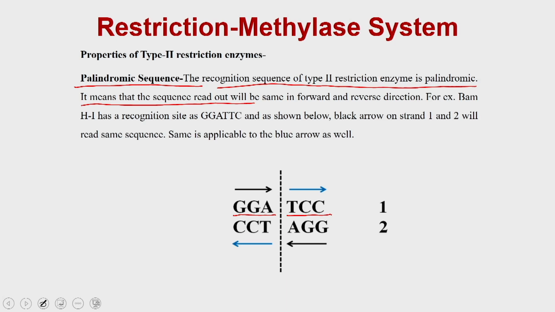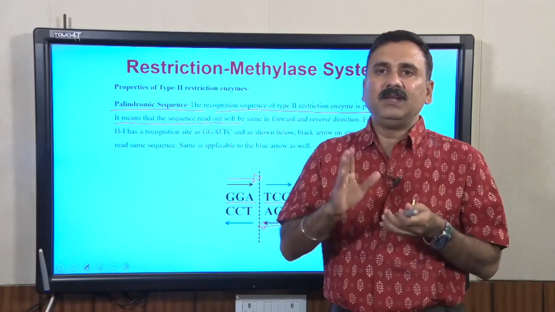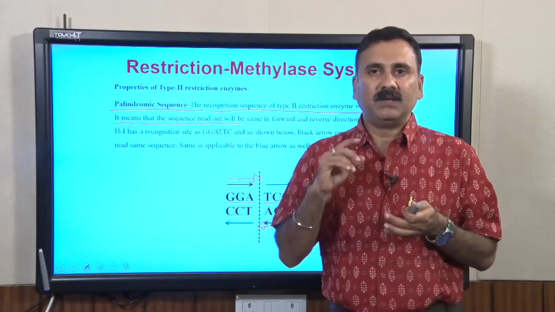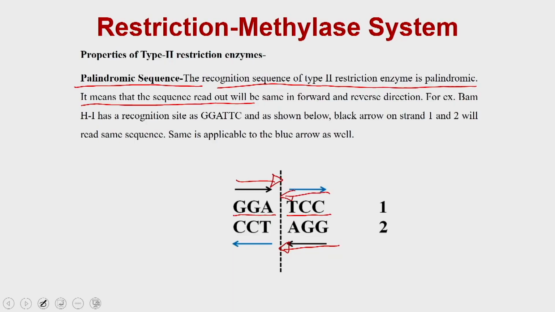So, in this case, if I read in this direction or in this direction, it is the same, which means that if you cut the recognition sequence from the middle, the two halves are the mirror image of each other. You can see again, if it is CCT from this side, it is CCT from this side, which means this part is the mirror image of this, and that is what is called a palindromic sequence. Non-palindromic sequence means that this is not going to follow.